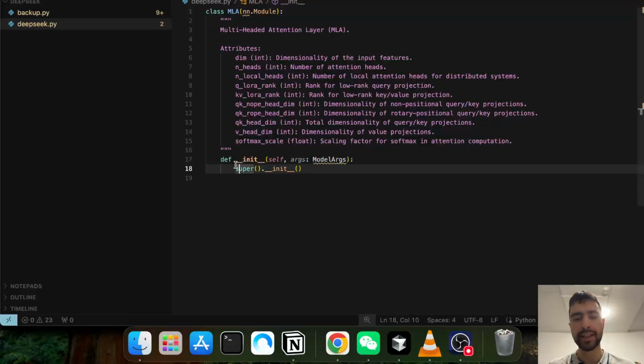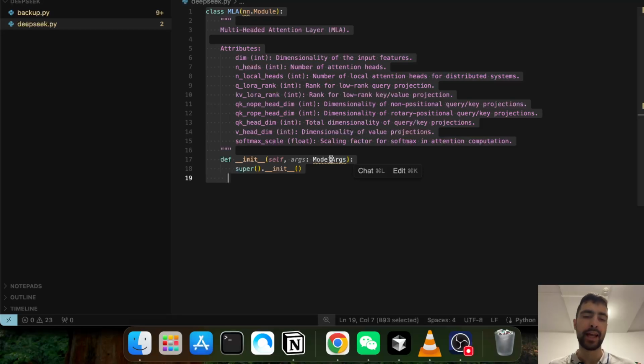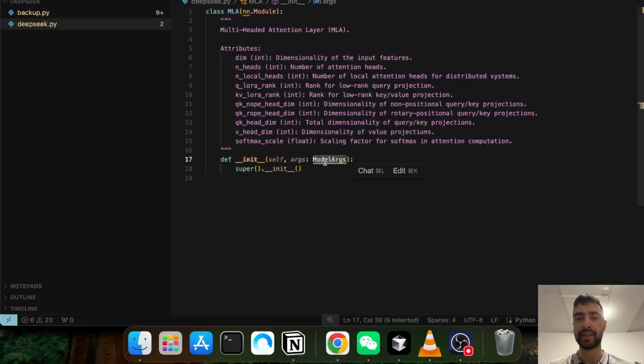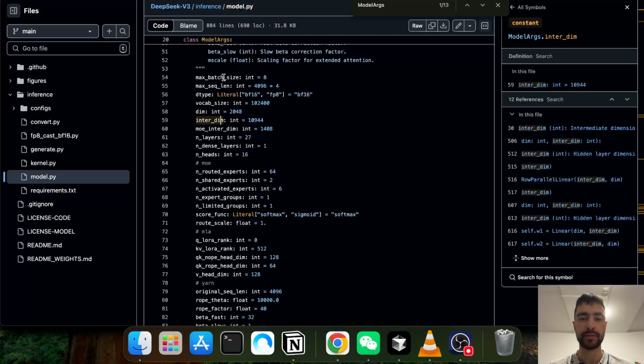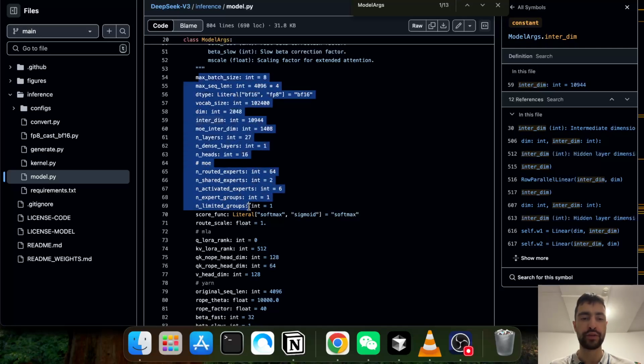Then let's write this init function. It will get these arguments of type model args, which we will code later, but I will show you now what it is. It just contains actual numbers for all of the arguments.